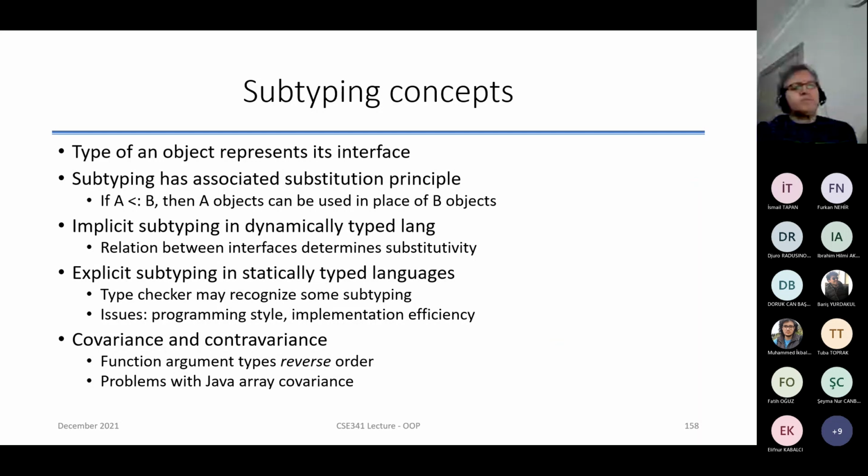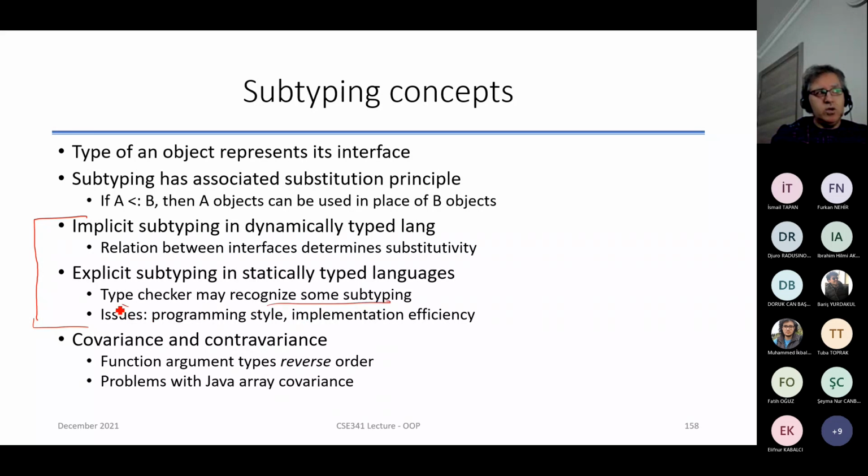When we look at the actual subtyping, we have these two things. We might have implicit subtyping, which is part of the dynamically typed languages. The relationship between interfaces determines substitution: which one can we substitute with which one? Explicit subtyping is in the statically typed languages. The type checker may recognize some subtyping.